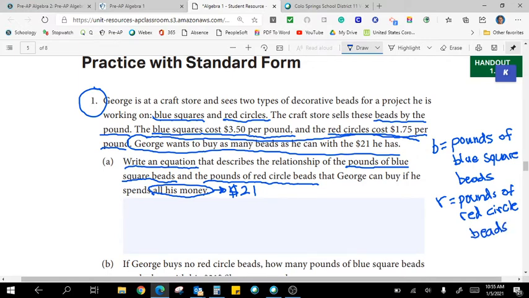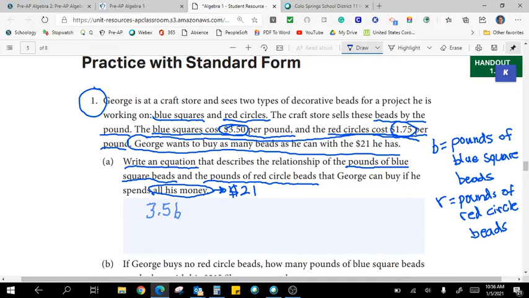Okay, so we know that the blue square beads are $3.50 per pound and the red circle beads are $1.75 per pound. For every pound of blue square beads, it's $3.50. So we could represent that by saying 3.5B. Remember, any letter or variable right next to a number means multiply.